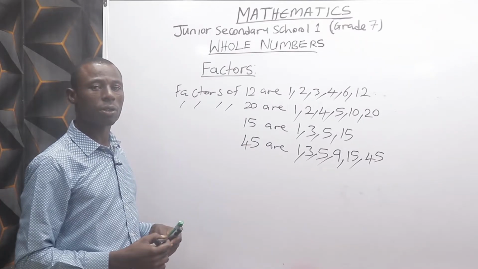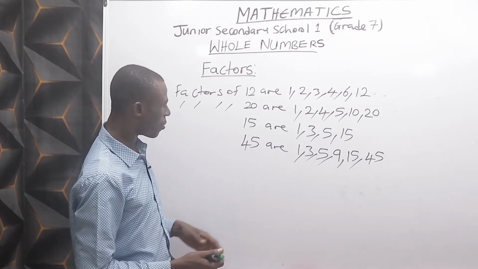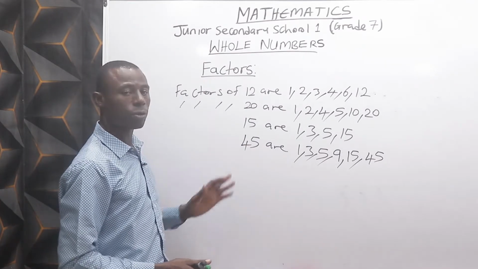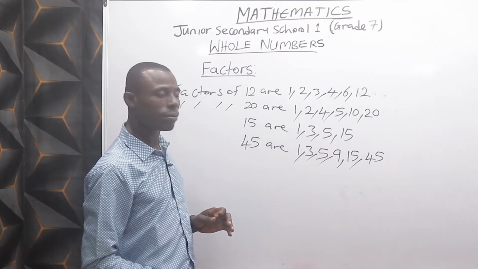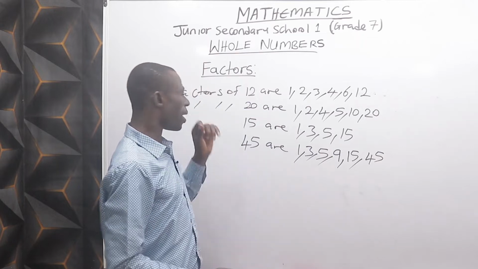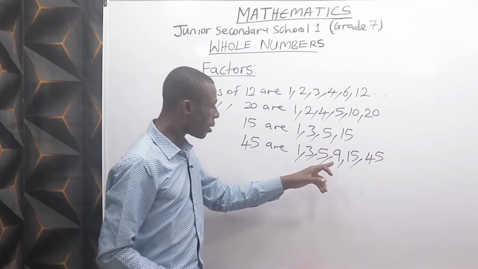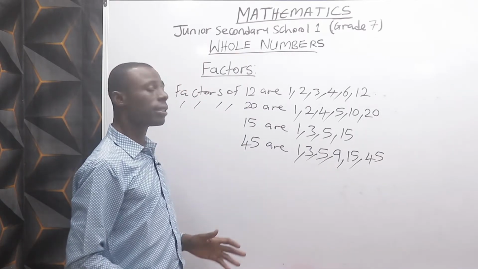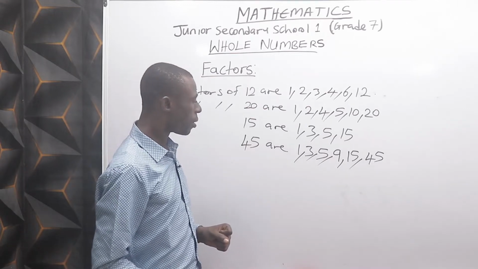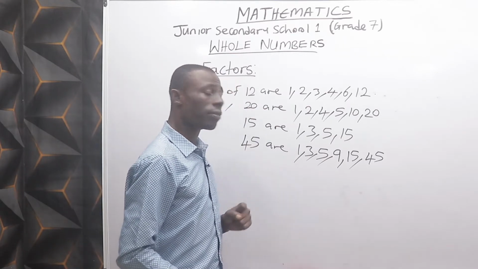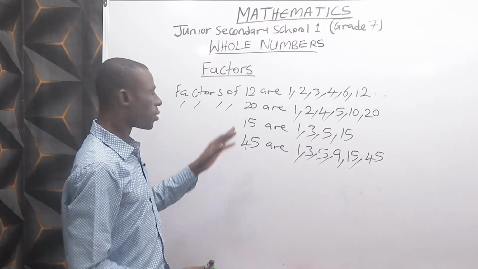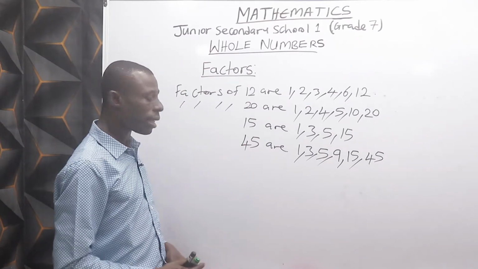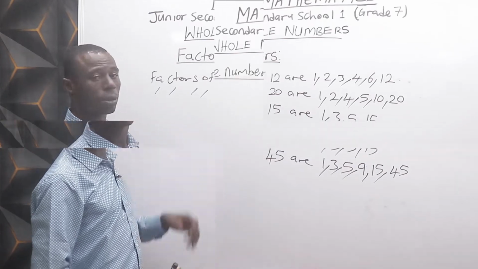Those are the factors of 45. 1 can divide into 45. 3 can divide the 45. 5 can divide 45. 9 also can divide 45. And 15 can divide 45, while also 45 can divide 45. So that is that about factor.